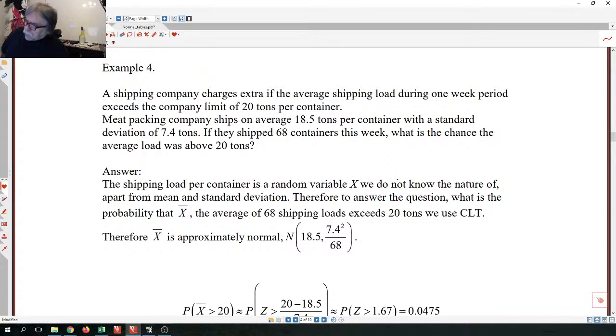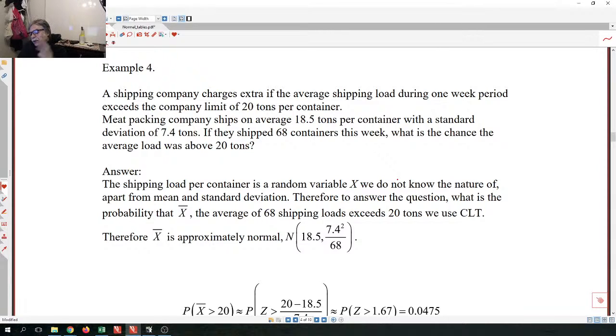In here, we are talking about a shipping company that charges an extra amount of money if the shipping load during a 1 week period exceeds the contractual limit of 20 tons per container. They expect the meat packing company to follow the container capacity, which is 20 tons or less.